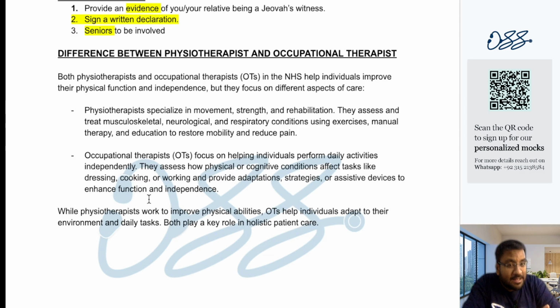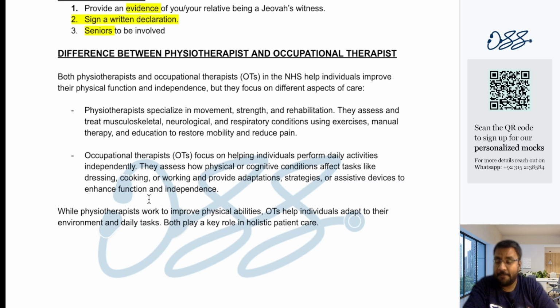The occupational therapist has nothing to do with the medical or clinical aspect of it. What the occupational therapist does is try to assist you in a lot of different things that help you perform daily activities and achieve your normal body physiology much faster.